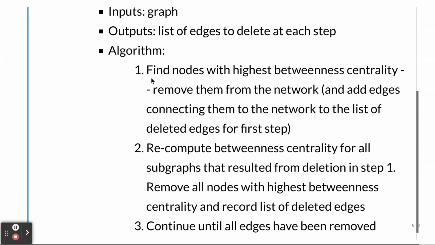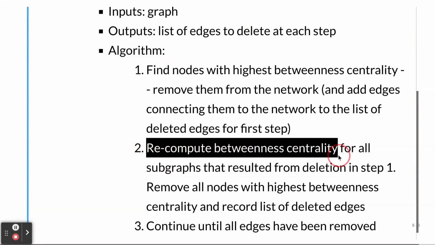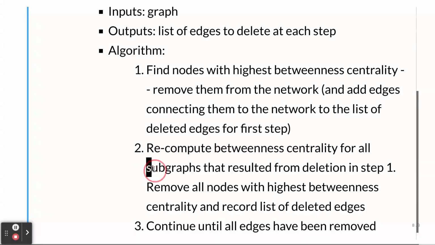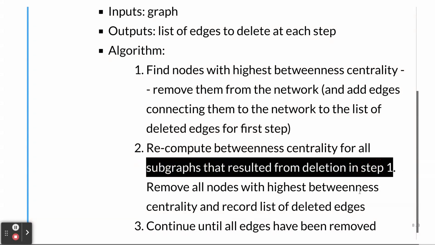So the first step of the algorithm, we want to find all nodes with the highest betweenness centrality and remove all the edges that these nodes participate in. Now, once we have this divided graph, after removing nodes with high betweenness centrality, as well as all edges they participate in, the next step is to compute the betweenness centrality for all of these regions, or all of these subgraphs, that resulted from the deletions we did in step 1.